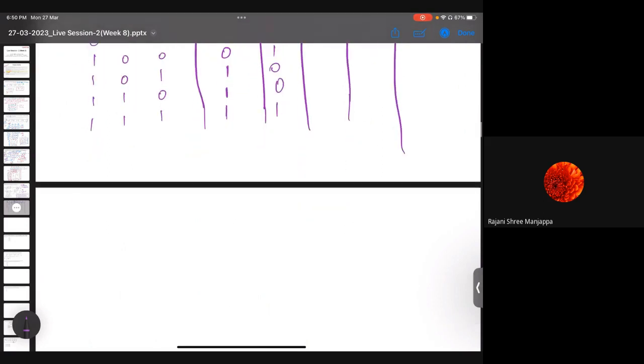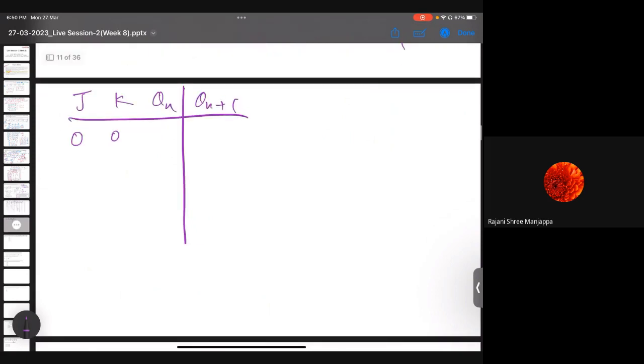So I hope you remember. J, K, Qn, and then Qn plus 1. So 0, 0, and what is the output of this table? Can anyone tell, or should I write by myself? Zero.